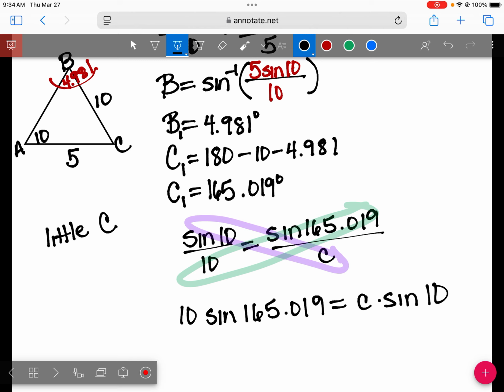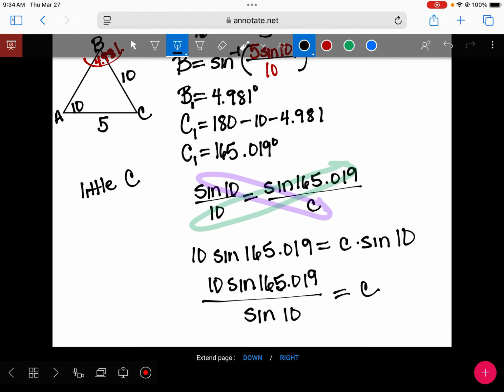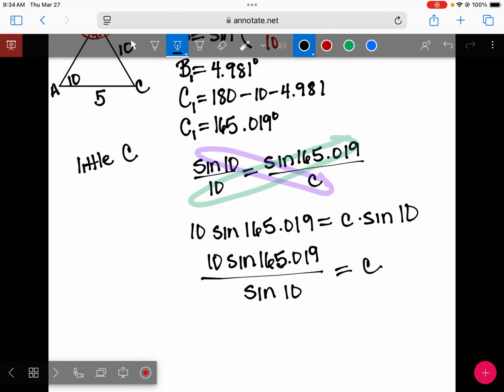And when you divide both sides, little c is going to equal 10 times the sine of angle C, divided by the sine of 10. Pause the video, type that in, see what you get.